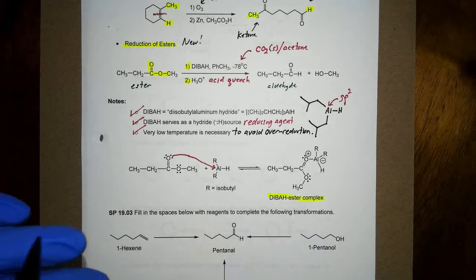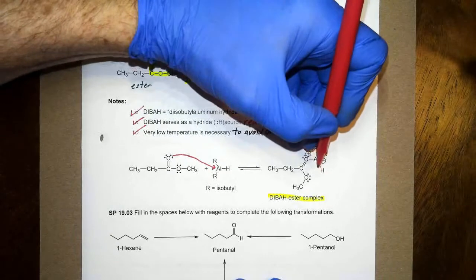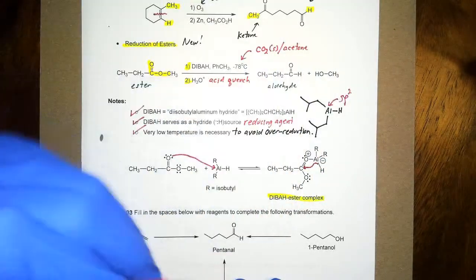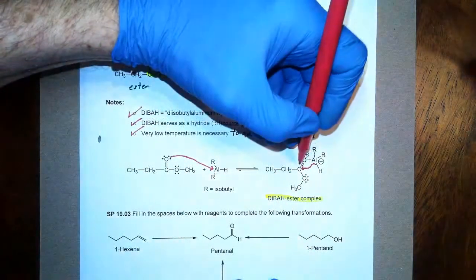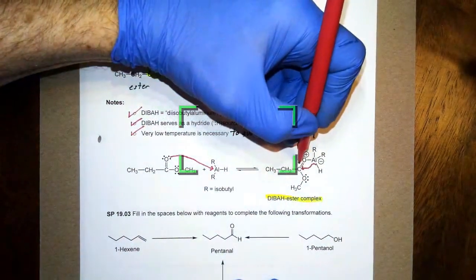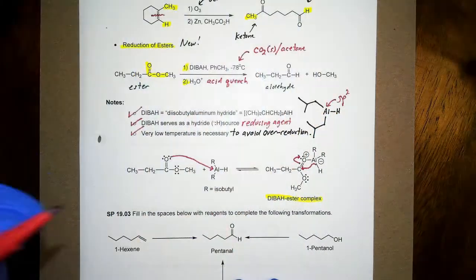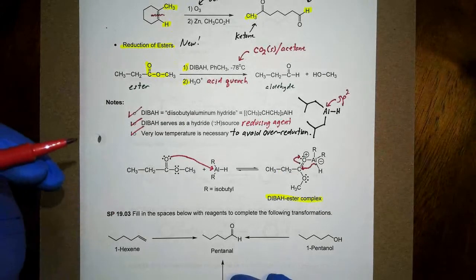Now, at this point, we have an intramolecular transfer of hydride, meaning that this hydride is going to go right there. It's going to transfer immediately over into the adjacent carbonyl carbon to reduce that carbon, and one of the pairs of electrons, the pi bond specifically, will break to form a tetrahedral intermediate.